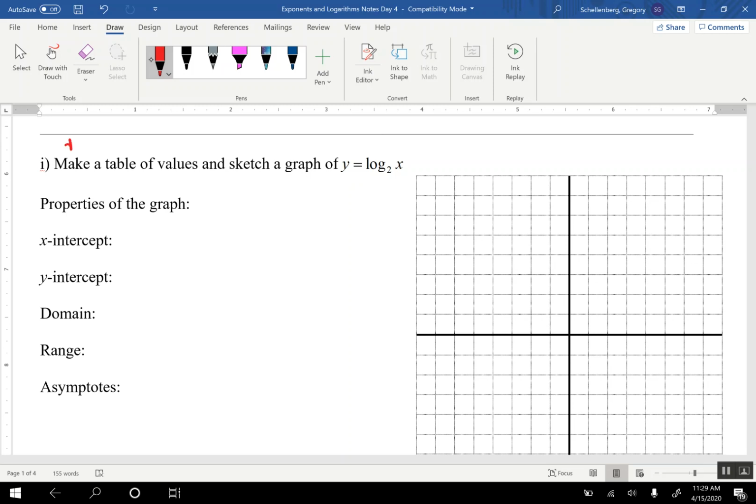So I'm just going to make a note here: use exponential form to create a table of values.